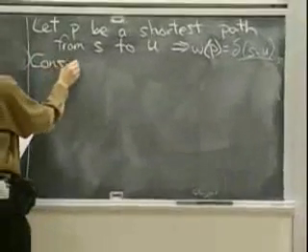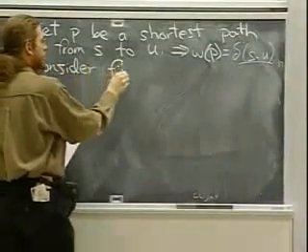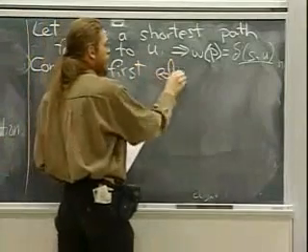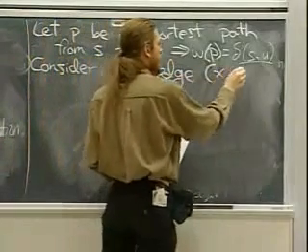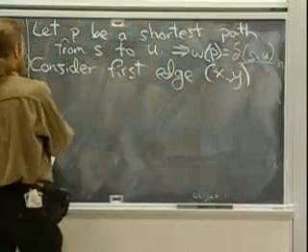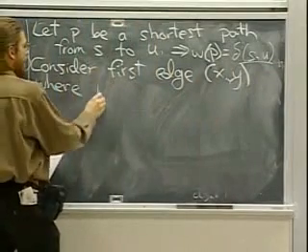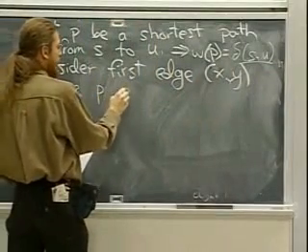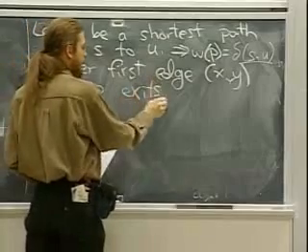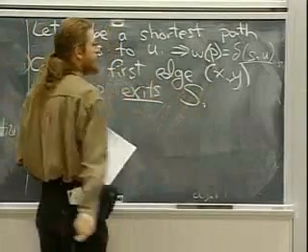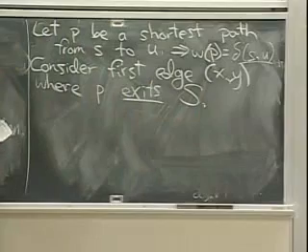So consider the first edge xy where p exits capital S. The shortest path from s to u exits capital S. It's got to happen somewhere.